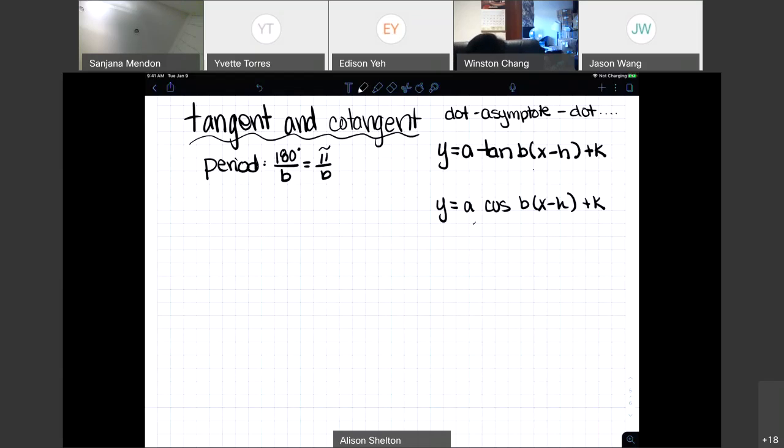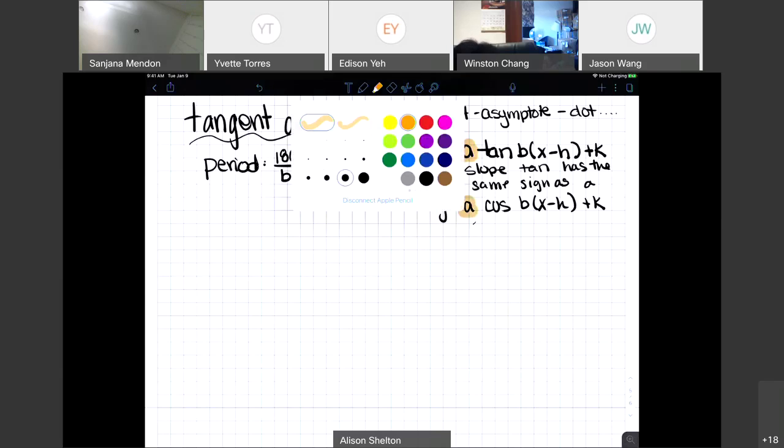Okay? The slope of the tangent has the same sign as a. If a is positive, it's going to be sloping upward. If a is negative, it's going downward. Cotangent is opposite.